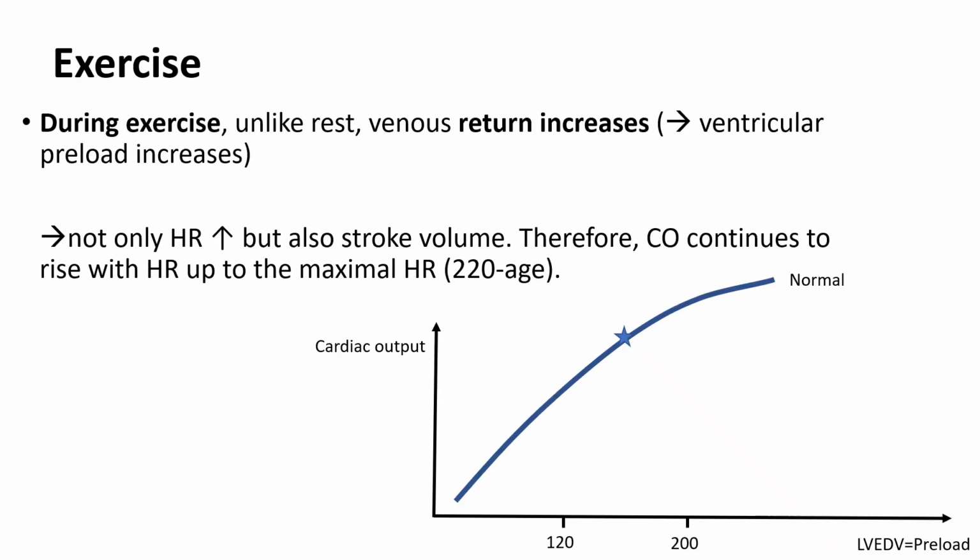I will move on to describe what happens during exercise in normal individuals. During exercise, unlike rest, venous return increases. Ventricular preload increases on that Frank-Starling curve. We are using that Starling curve to our advantage.